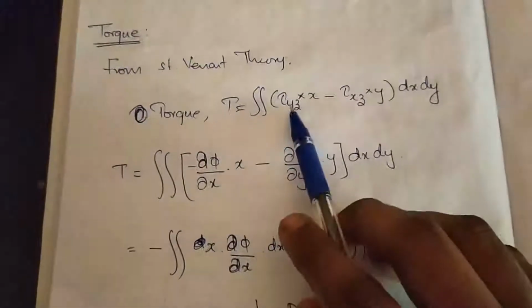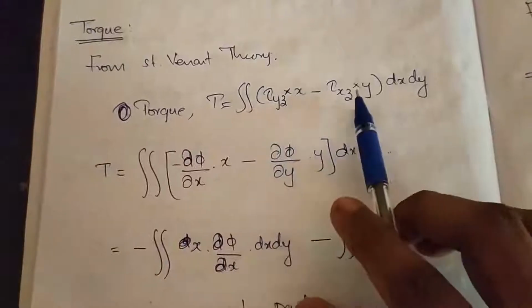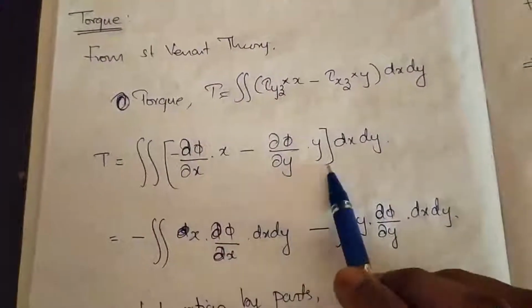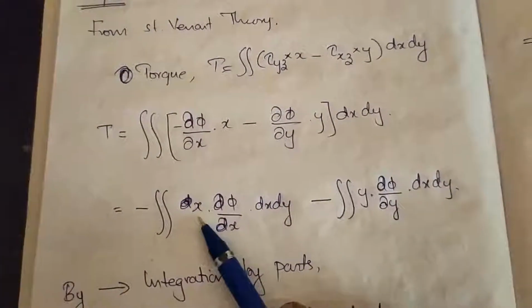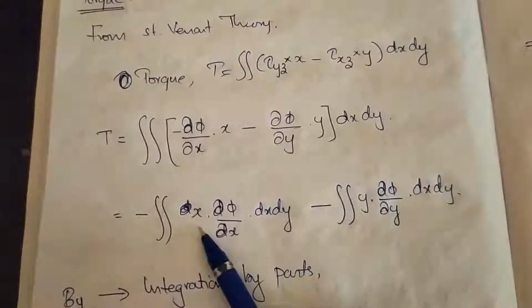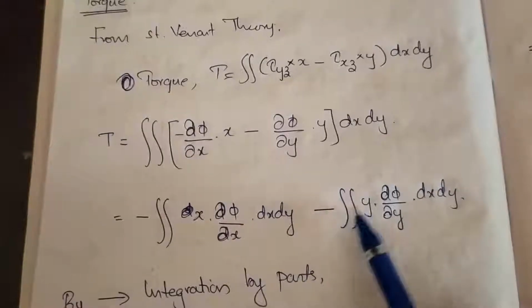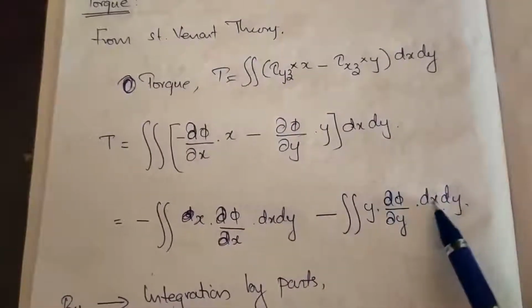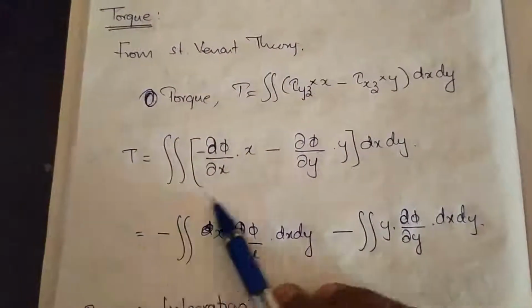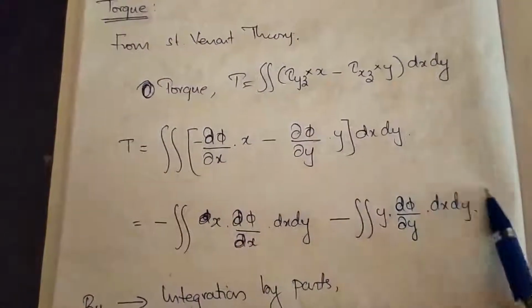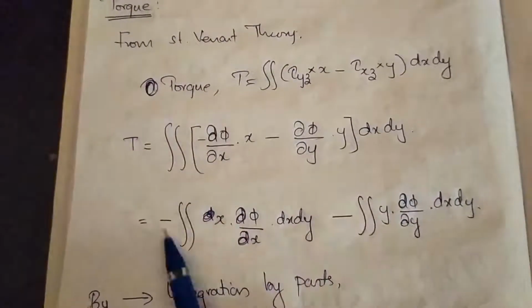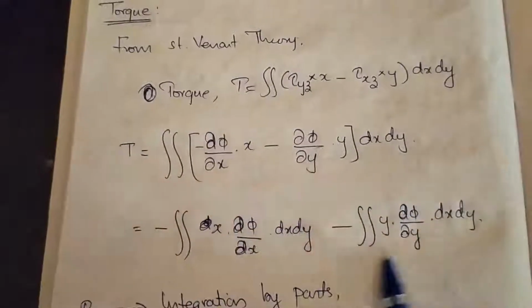Now here you give the values of tau yz and tau xz, and you will get a double integral x d phi by dx dy minus double integral y d phi by dy dx dy. Now from here I am going to skip two or three steps.